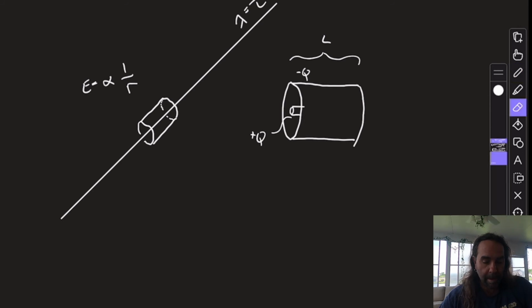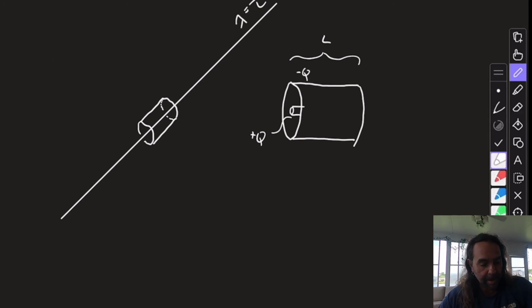I don't want to give it away. You should remember how to do it. I'm saying that because when you go to find the electric potential here, it is likely your answer will have the natural log in it, with probably something like the inner radius and outer radius here. That one's kind of funky when it comes to calculating the capacitance.